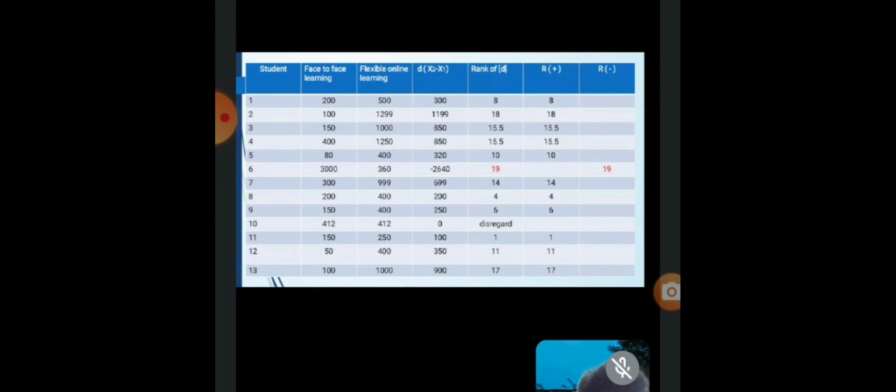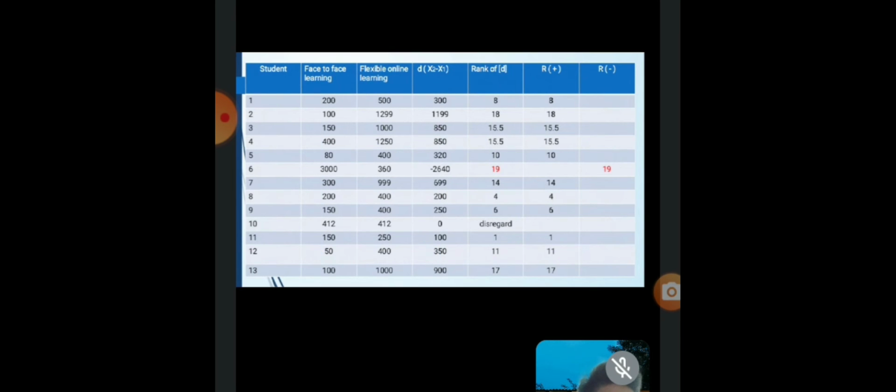Then, sunod po natin dito is 250. Ngayon po, wala naman pong ibang 250 rito. At ang place po na meron ay 6. Kaya po ang kanyang rank of D is 6.